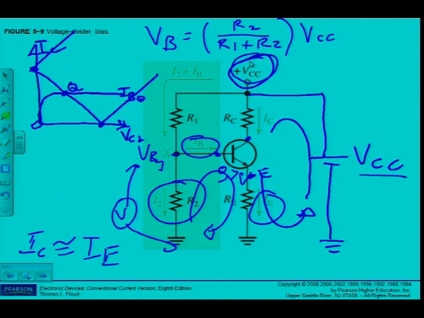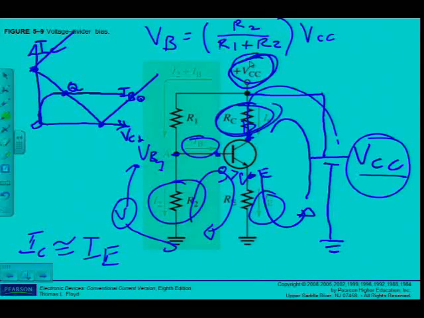My supply voltage is VCC. I want that voltage there. So if I look at the current flow in that direction, where is a volt drop? Over RC. So I can see that VC is going to be VCC minus the volt drop over RC. Then I have the voltage on the collector.